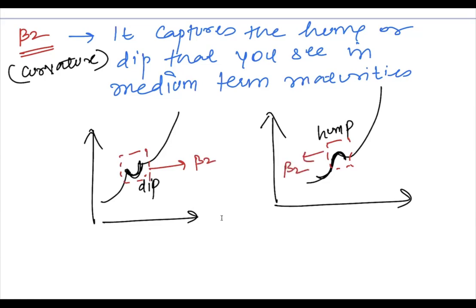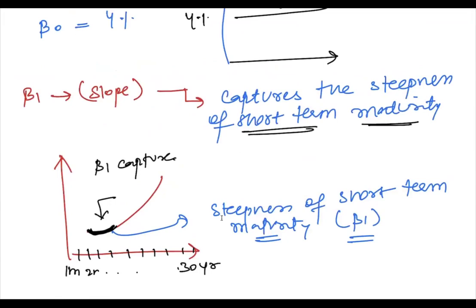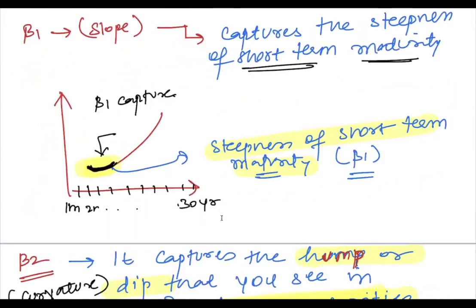So it captures the hump or dip that you see in the medium term maturities. This is very important. And what was beta 1? Beta 1 was the steepness of the short term maturities, and beta naught was the long term yield level. Now let's see what beta 3 is.